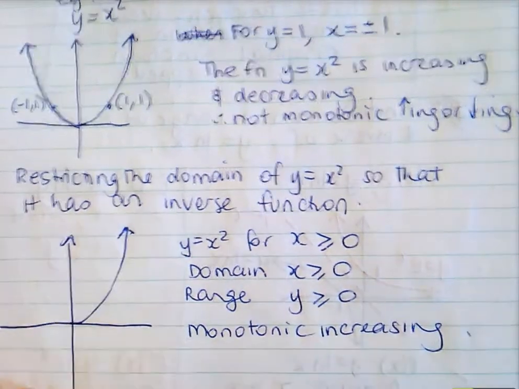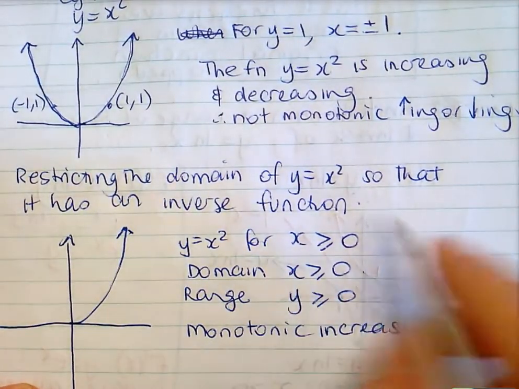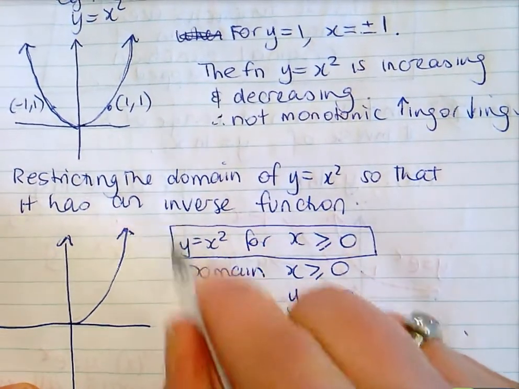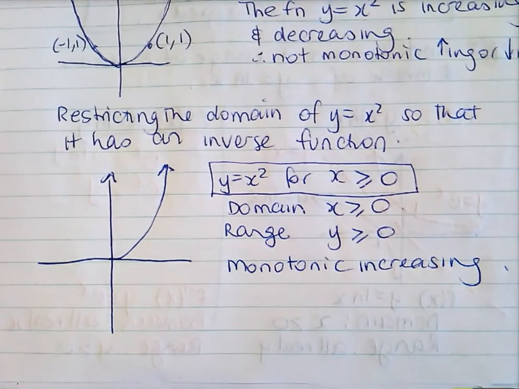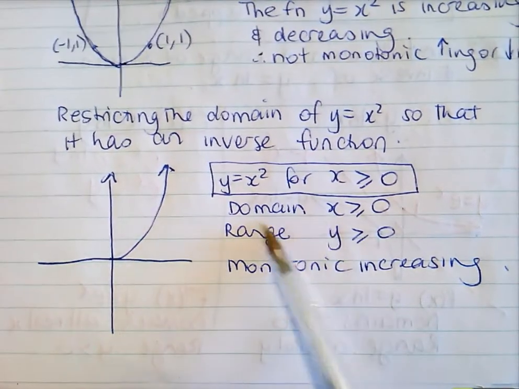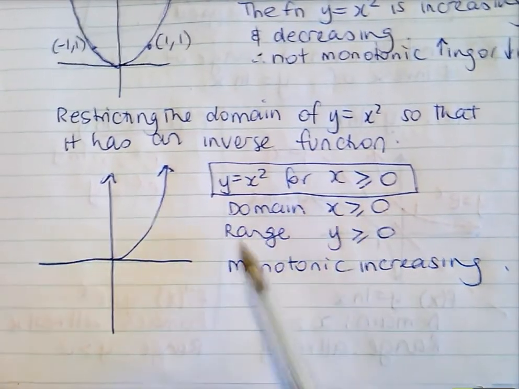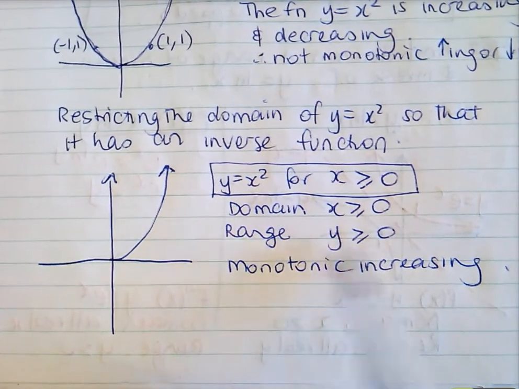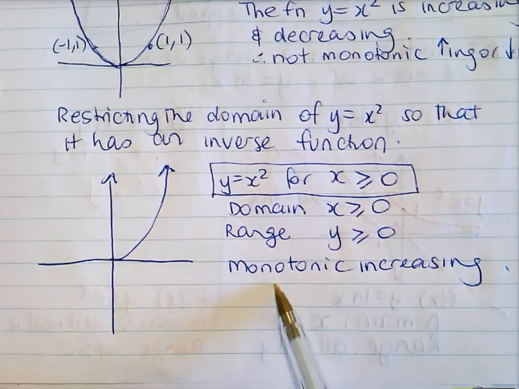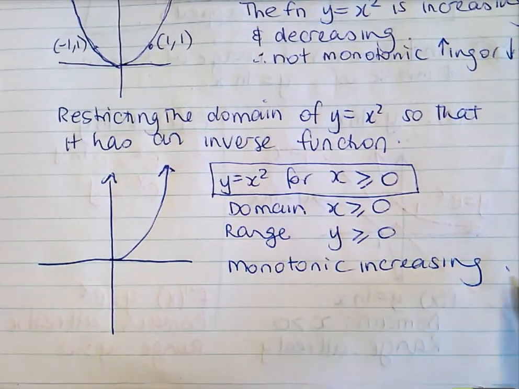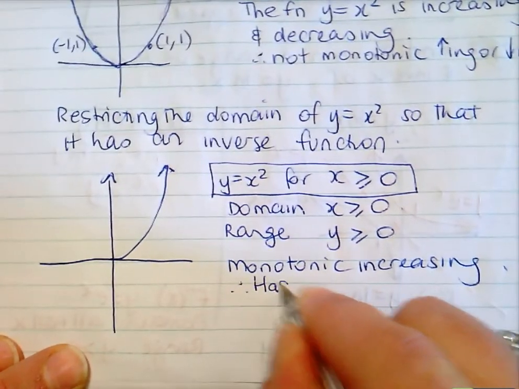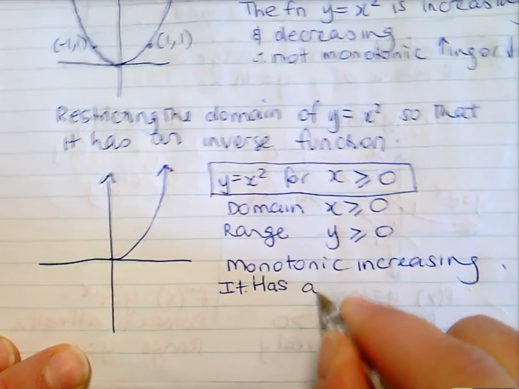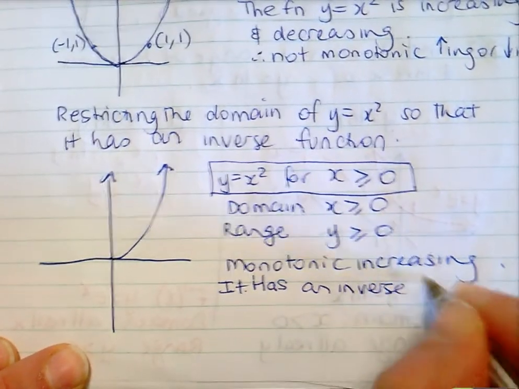So we're going to restrict the domain. We're going to look at y equals x squared for x greater than or equal to 0. If we only consider that, then domain x greater than or equal to 0, range is y greater than or equal to 0. It's monotonic increasing. Therefore, it has an inverse function, and we can draw it.